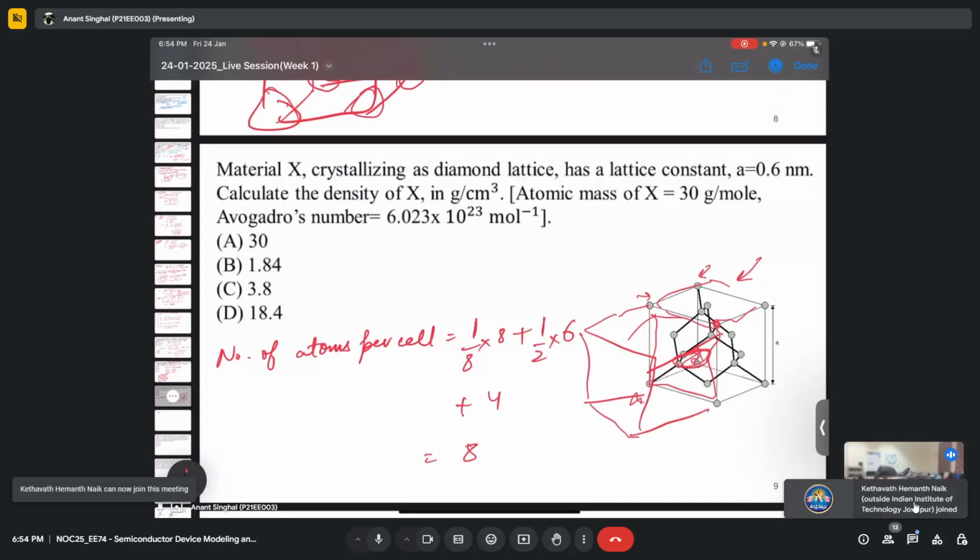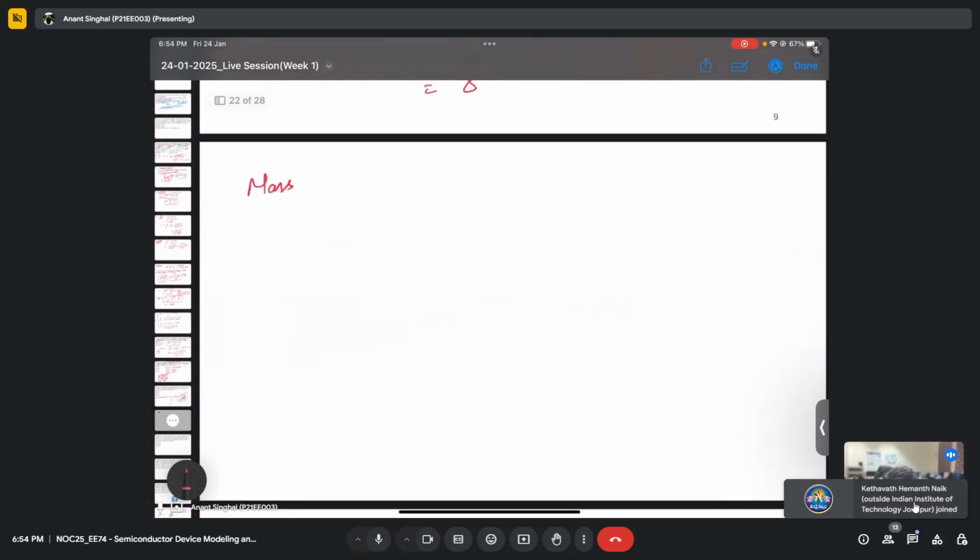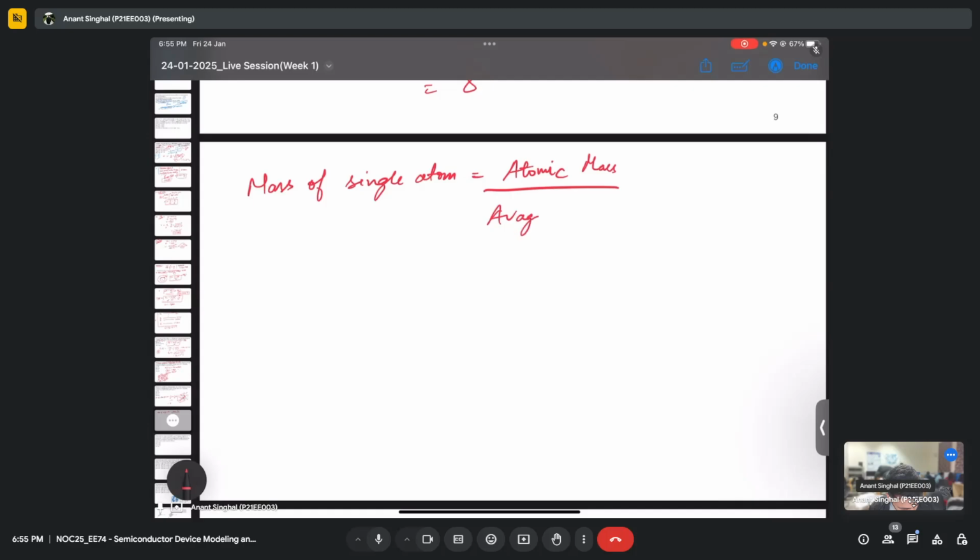Okay, we need to find the density of X. Then the mass of a single atom. Let's say we want to calculate it, because we have calculated the number of atoms. It is nothing but, I mean this is a basic formula, atomic mass divided by Avogadro number, which is fixed. So this has a value of 6.023 times 10 raised to power 23 grams.